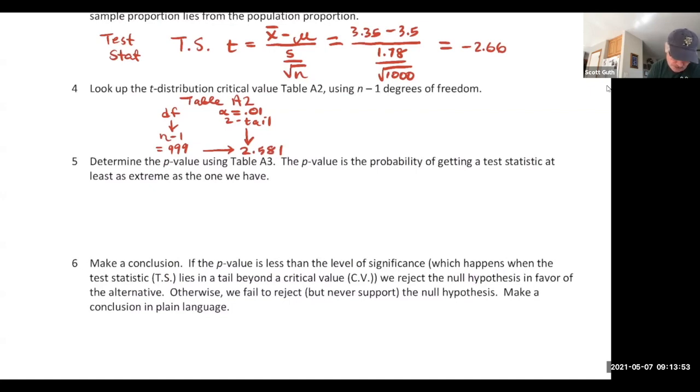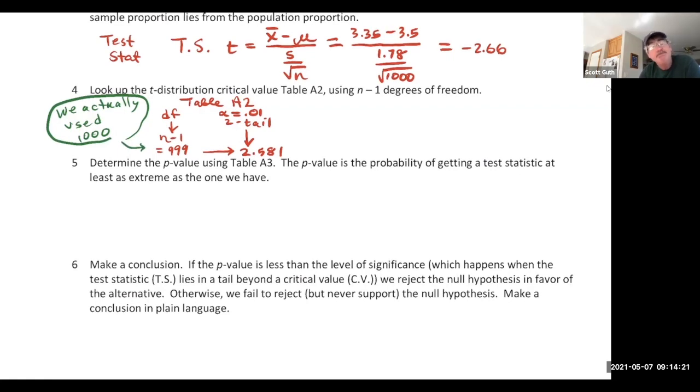We actually used 1,000, because that was the closest one here, but that's just in case you go back and look at this and wonder what the heck that number came from. Okay, but it's supposed to be 999.